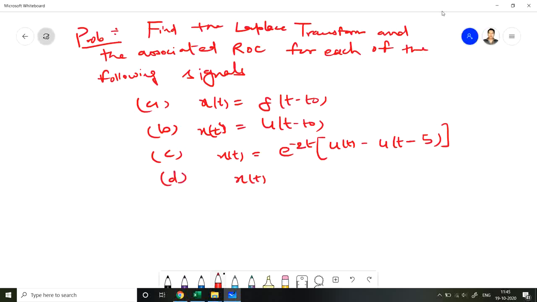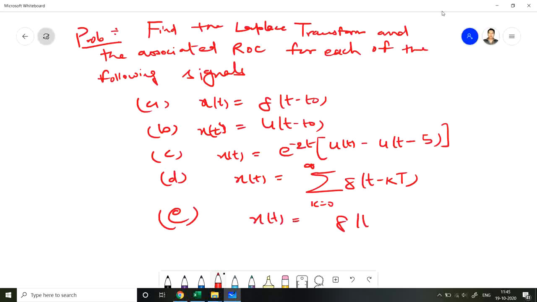Then x(t) equals summation k equals 0 to infinity delta(t minus kT). Then the last part is x(t) equals delta(t) plus a t plus b, where a and b are real constants.